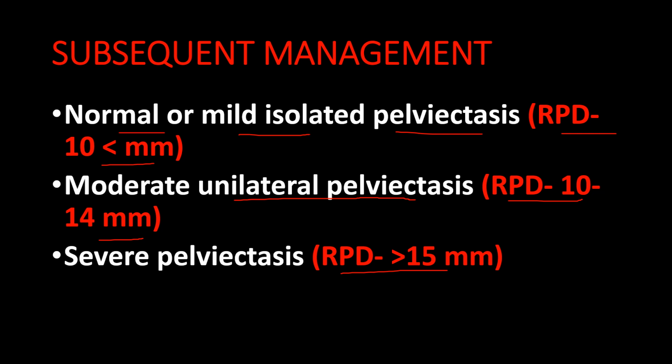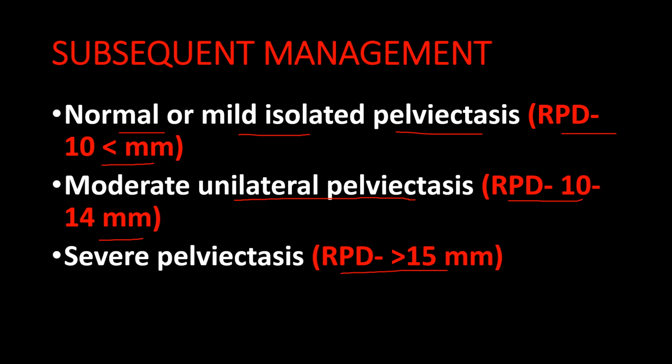If RPD increases beyond 15 mm, arrange MAG3 scan renogram. This is for sure. So continue prophylaxis for vesico-ureteric reflux, which could be grade 4 or more.